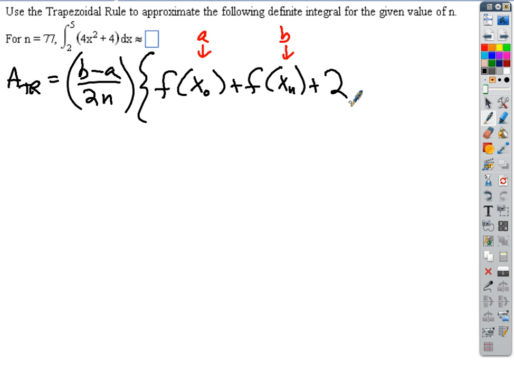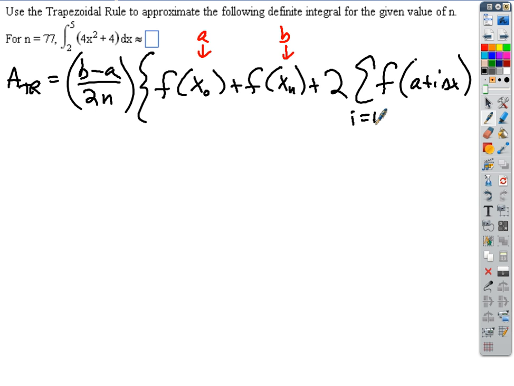plus 2 times the interior sum, right? So the interior sum is the sum of f of A plus i delta x from 1 to what? Just in general, if we have n divisions, it's always going to be 1 less than n, so n minus 1.